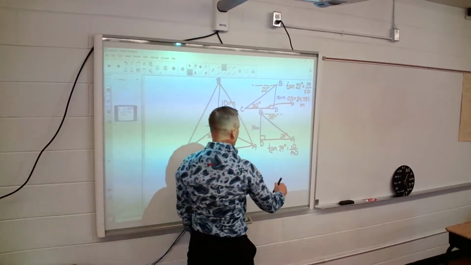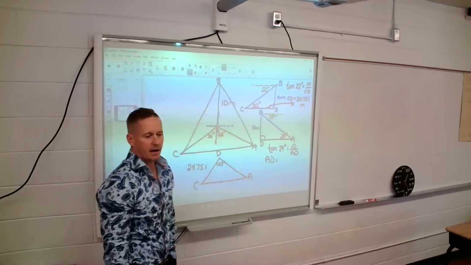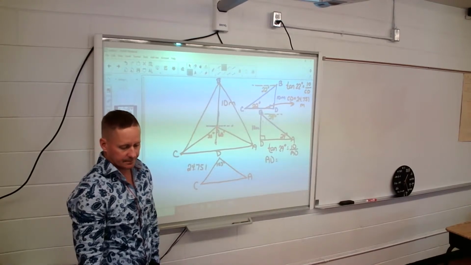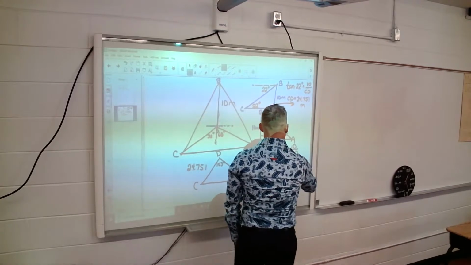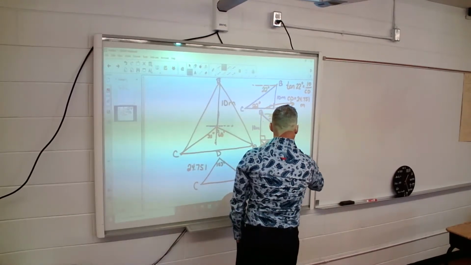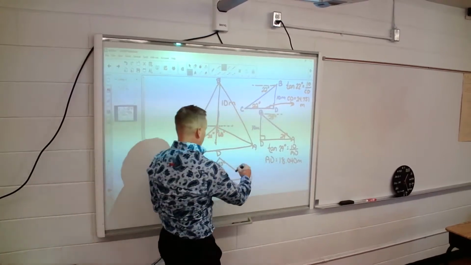What does AD equal? 10 divided by tan 29. What is it? About 18.040.